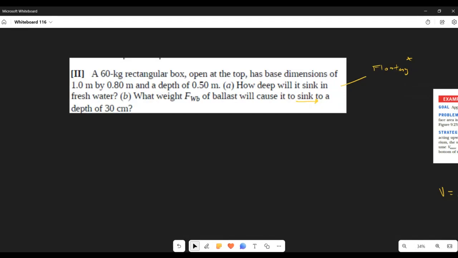The volume is given there as well, so you can find the density. The first one is floating. In the second, it's sinking, and you have to understand how the forces go when it sinks. What is more? What is less? I think you can treat the weight force FWB like a tension, or the normal force, or the additional force acting.